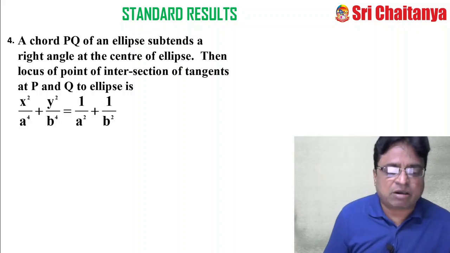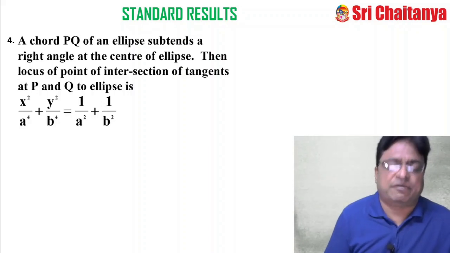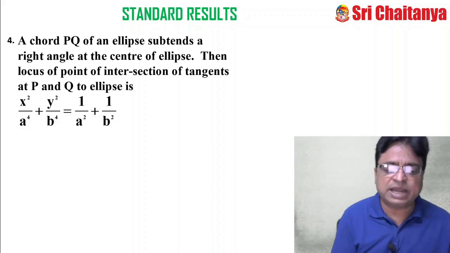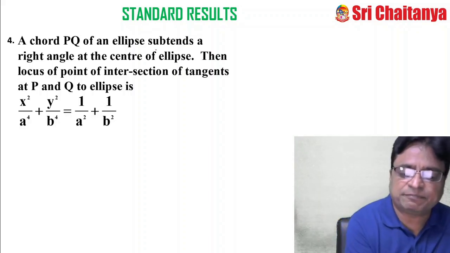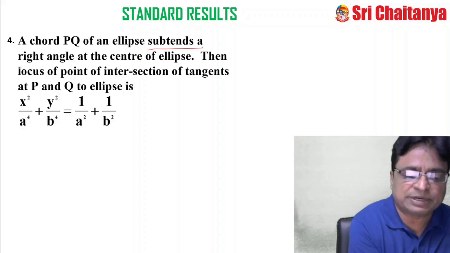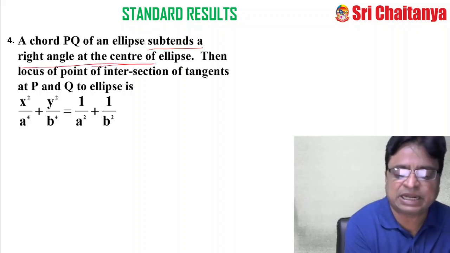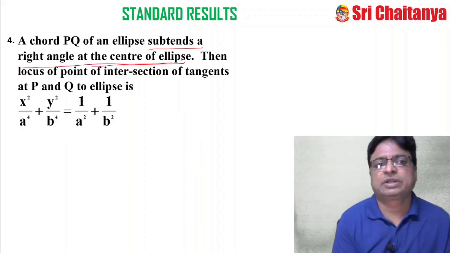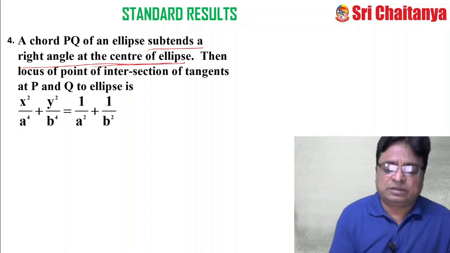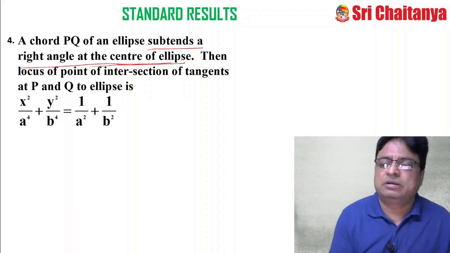See, a chord PQ of an ellipse subtends a right angle at the center of the ellipse. This is the favorite sentence in coordinate geometry. Here, nothing has been mentioned about the ellipse, only the word is given.